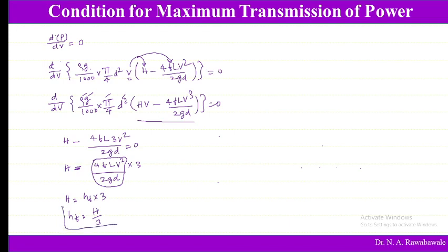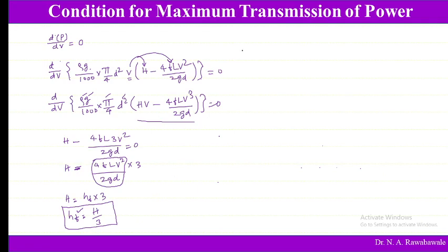So this is the condition for transmission of maximum power. That is nothing but when head loss due to friction is 1/3 of head at inlet, at that time the power transmitted can be the maximum. So maximum power can be transferred.